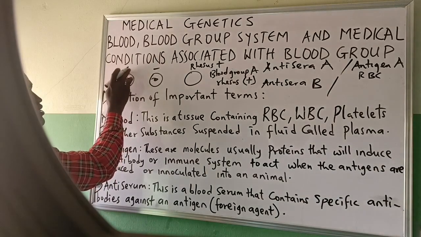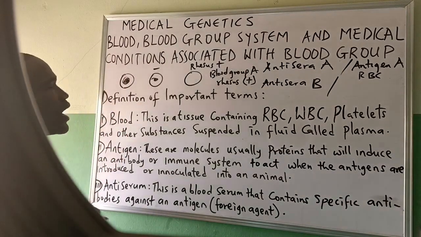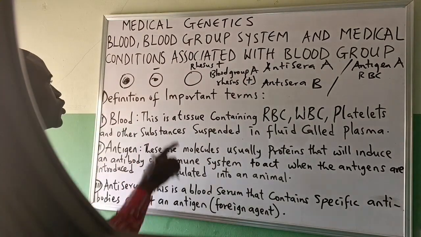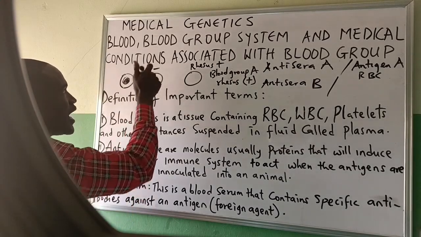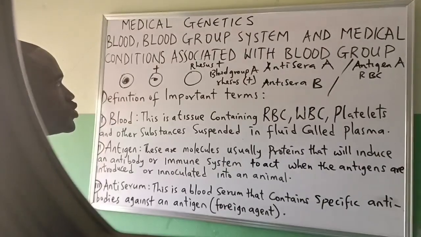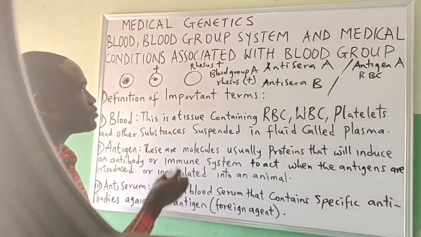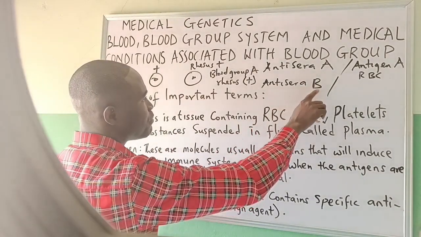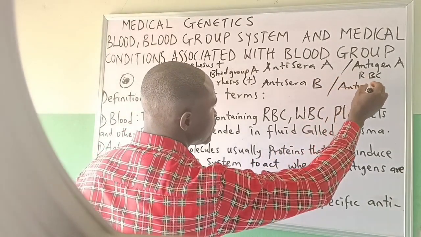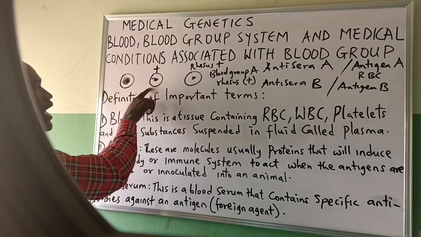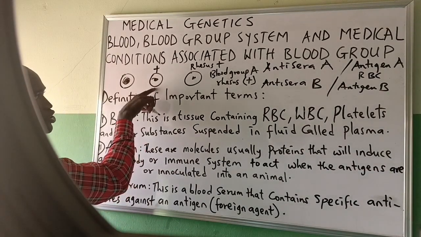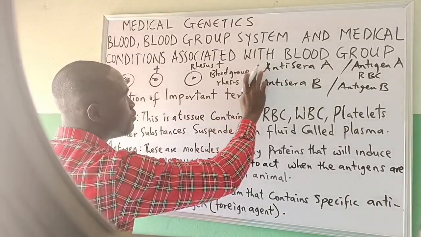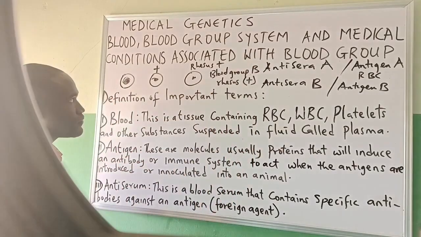Then, if as you put your antiserum here and put the blood of the patient here, there is no reaction, and you put antiserum here, you put the blood here, and there is reaction or clumping or agglutination, that reaction came up as a result of antiserum B reacting with antigen B. So the antigen B, which is in the red blood cell of the patient, will make it blood group B positive.